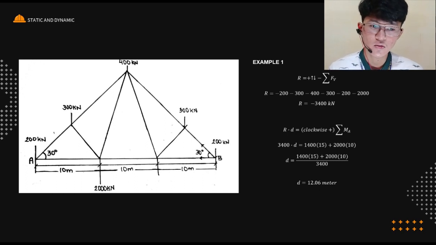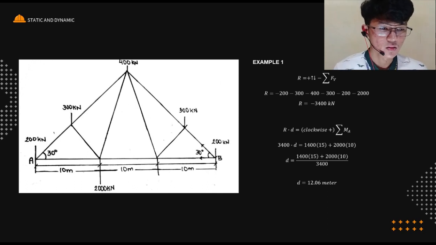And then, para naman makuha natin yung distance, gagamit tayo ng formula na R times D equals the summation of moment A. Clockwise is positive and counterclockwise pag negative. So, substitute lang natin yung resultant na nakuha natin. So, positive 3,400 times D equals 1,400 times 15 dahil nasa gitna yung ating resultant, plus 2,000 times 10.